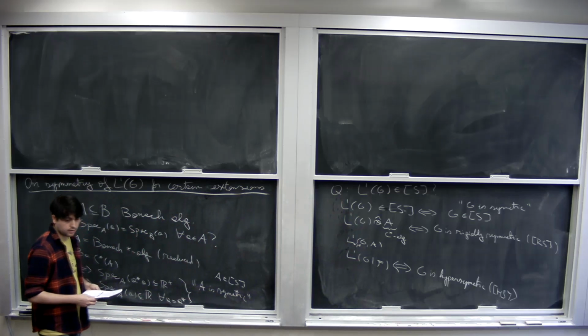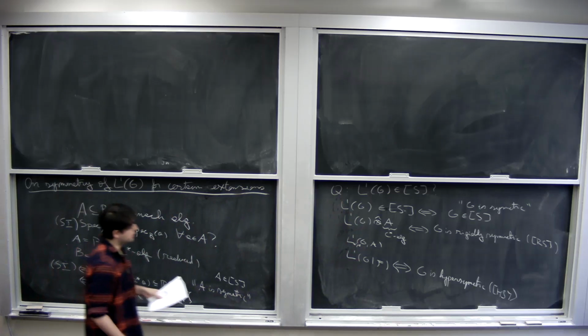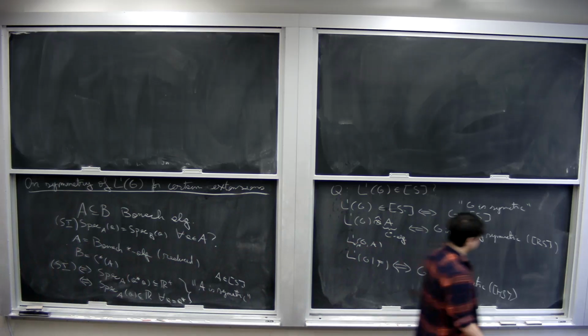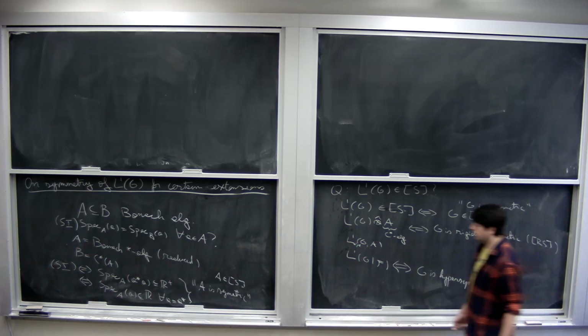Did you say that for those groups you don't know whether or not they're rigidly symmetric? Yeah, we don't know. So, are there any examples? Yeah, let me give you an example. That's a great question.